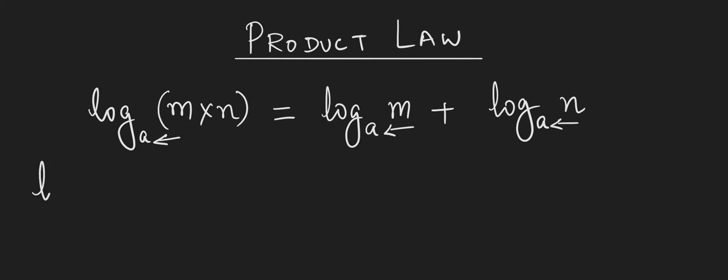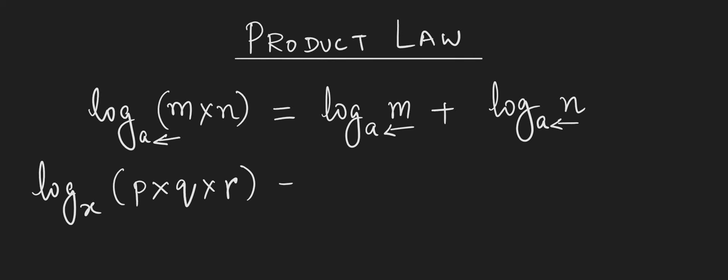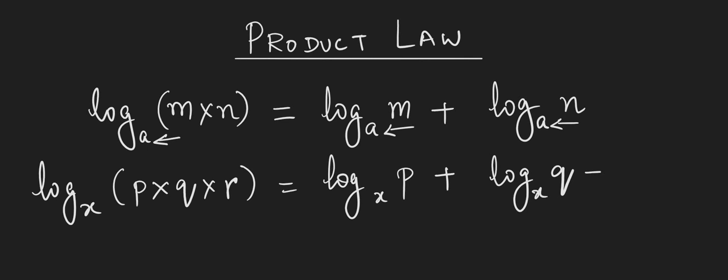Or say if we have log p multiplied by q multiplied by r to the base x, we can write this as log p base x plus log q base x plus log r base x. Okay, so x, x, x, and x, the bases are the same on both the sides.